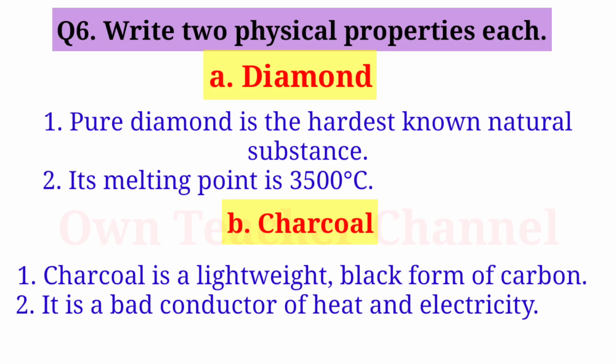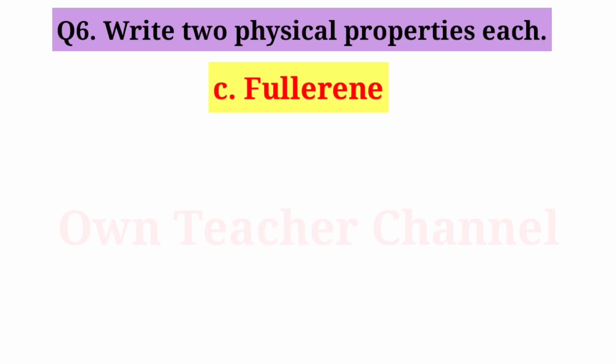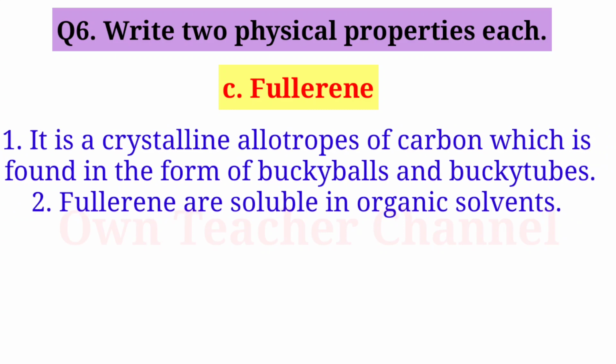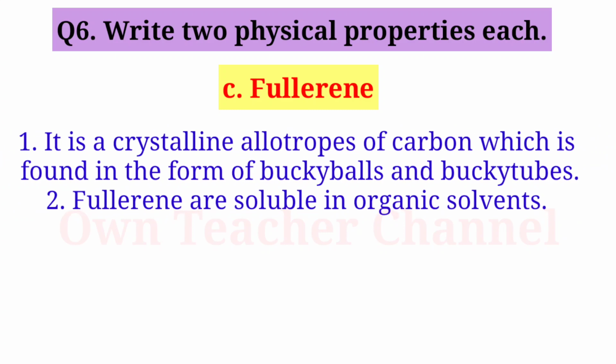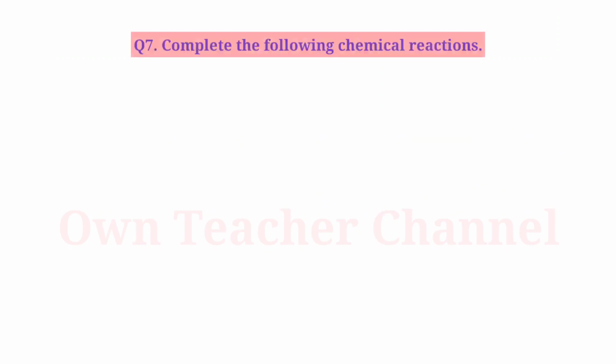It is a bad conductor of heat and electricity. Fullerene. It is a crystalline allotrope of carbon which is found in the form of buckyballs and buckytubes. Fullerenes are soluble in organic solvents.